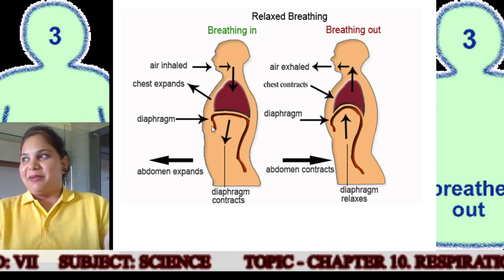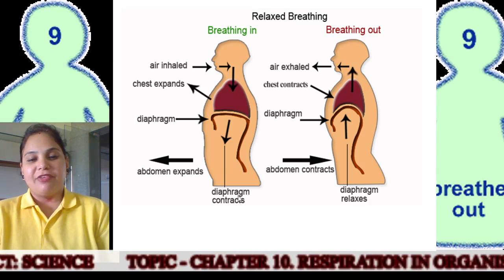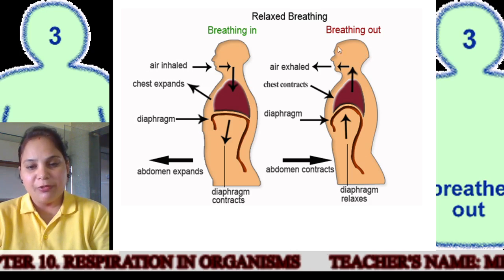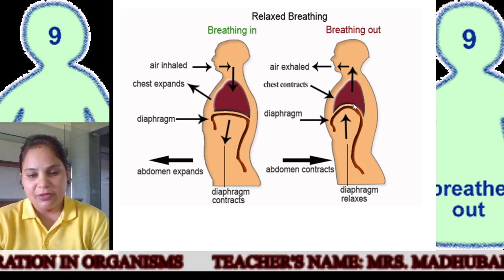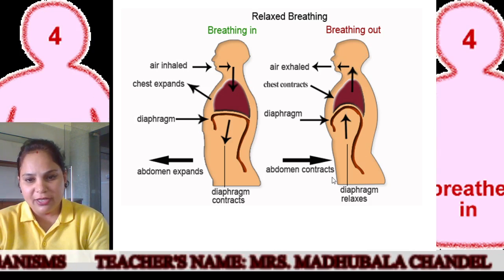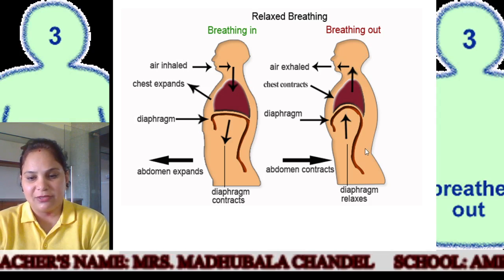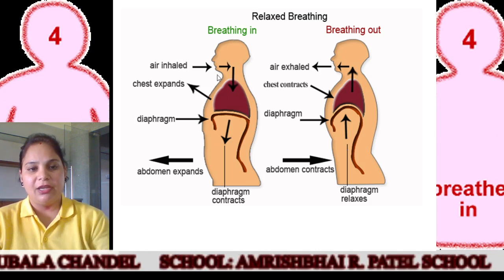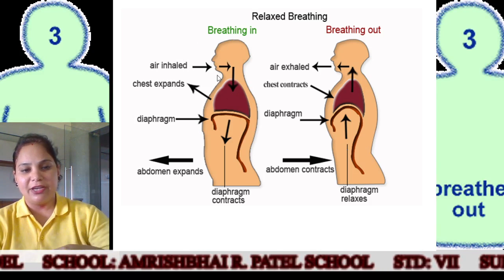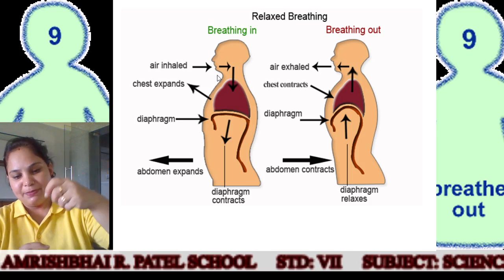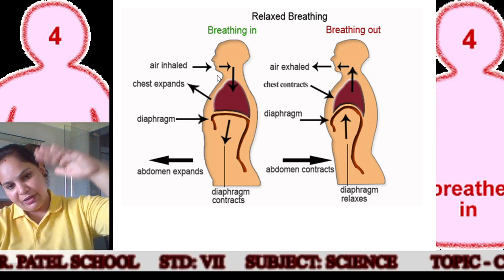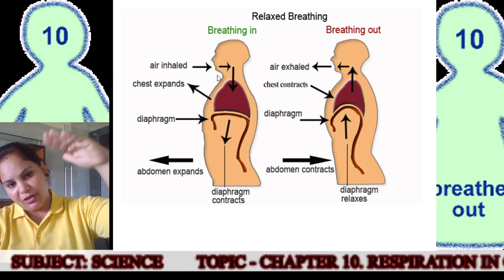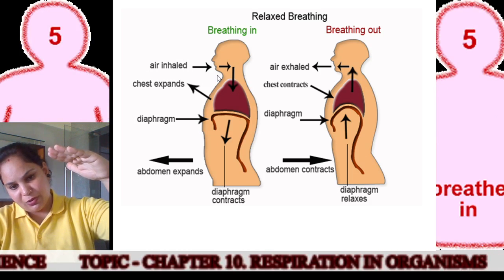Now when you breathe out, when you exhale air, the chest contracts, the abdomen contracts, and the diaphragm relaxes. So in inhalation, the chest cavity expands and the diaphragm contracts, which increases the area.